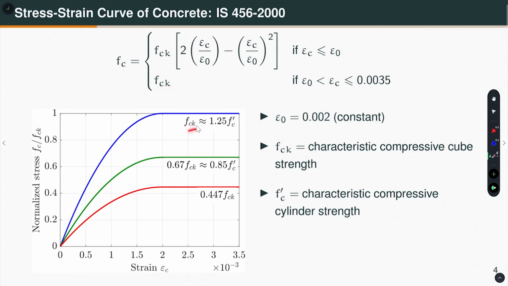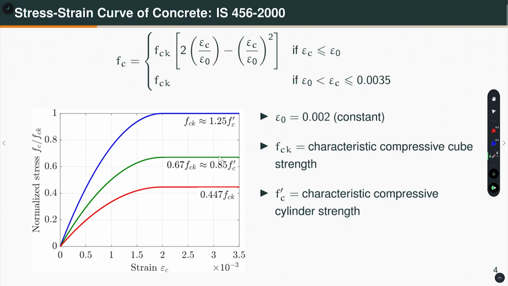So, fck and fc prime is what? Characteristic cylinder strength. They are related, approximately fck is about 1.25 times the fc prime. Okay. So, for design purpose what we do, we take only 85% of fc prime. That means, if I go from here to here, 0.85 fc prime, then what I get in terms of fck is going to be 0.67 fck.